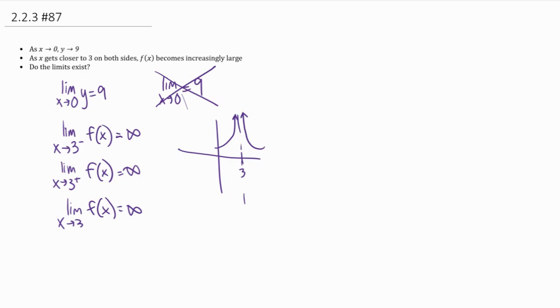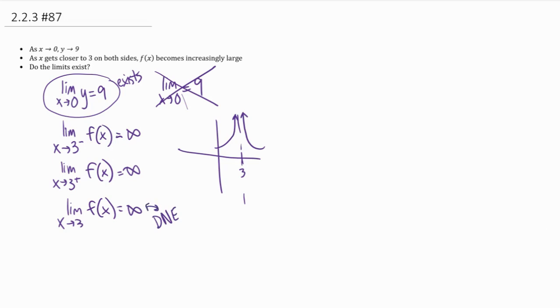Do the limits exist? Well, if your limit is a number, then yes, that limit exists. But here, the limit is infinity. Can you ever reach infinity? Can you ever equal infinity truly? No. So this limit does not exist.